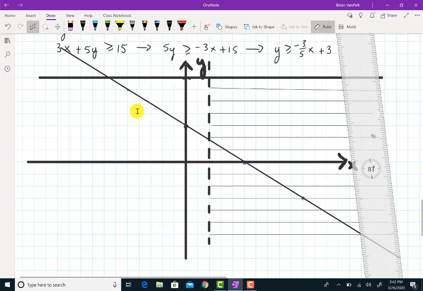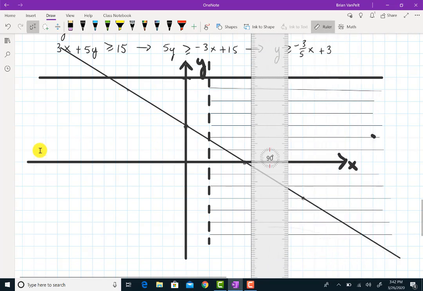What do I want to shade, below it or above it? According to this, greater than or equal to means I want to shade above that line.